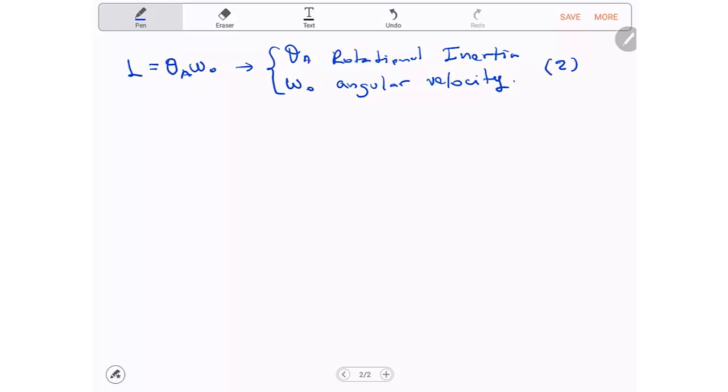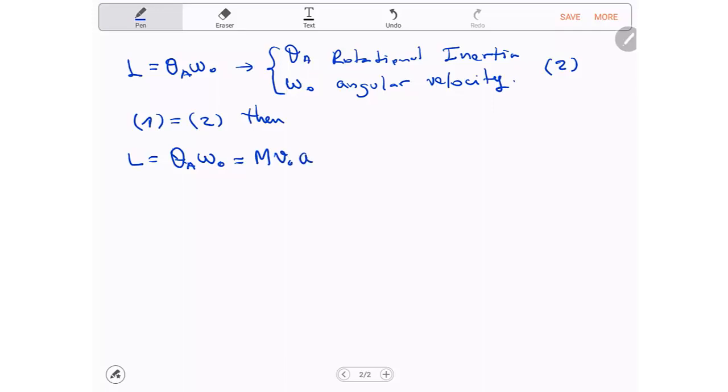As you know, the angular momentum is a quantity that is conserved. So using the definition of the conservation of the angular momentum, we can make equations 1 and 2 equal. Then we will have that L is equal to theta a omega 0 equal to m v0 a.